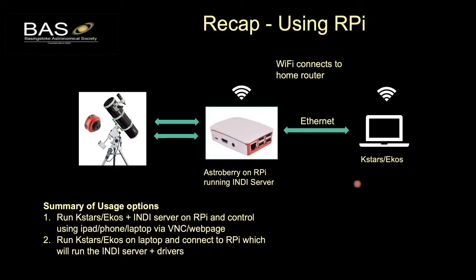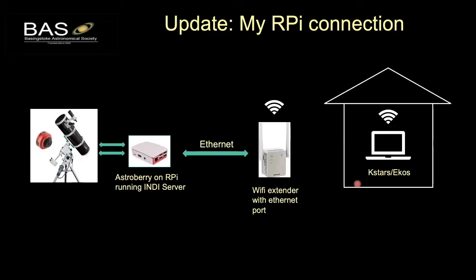Some guy in Kuwait who's one of the primary developers. So this is what I've done now, because I had all these wires running through into my house. I've got one of these Wi-Fi extenders. Just got a plug point fitted outside.